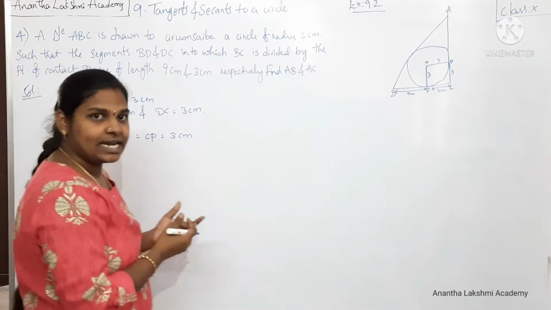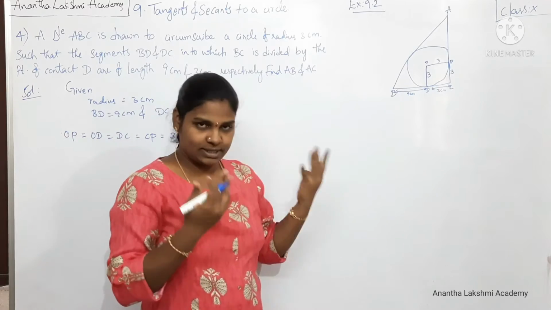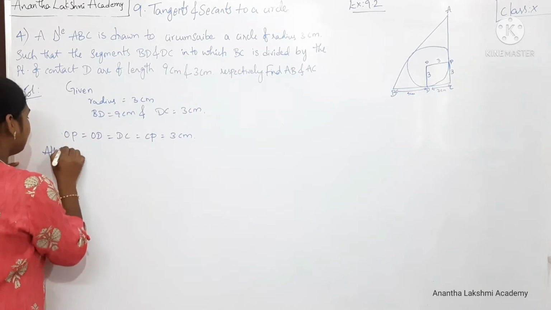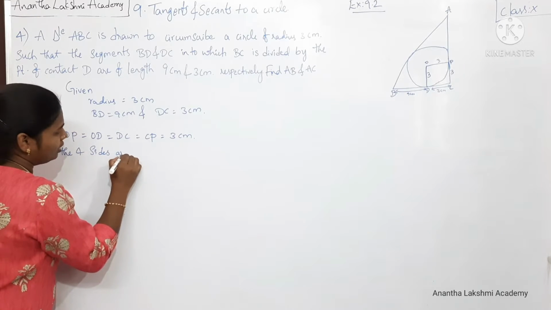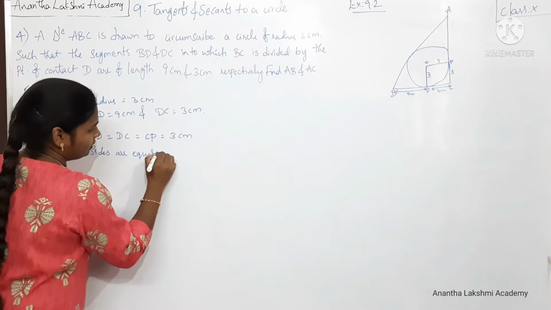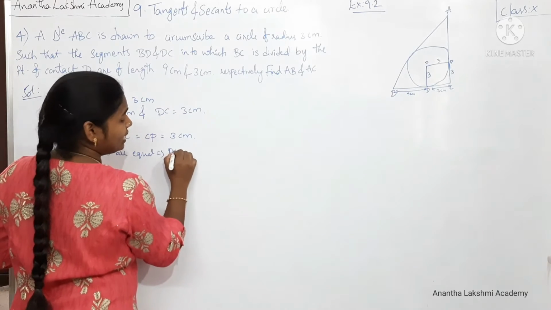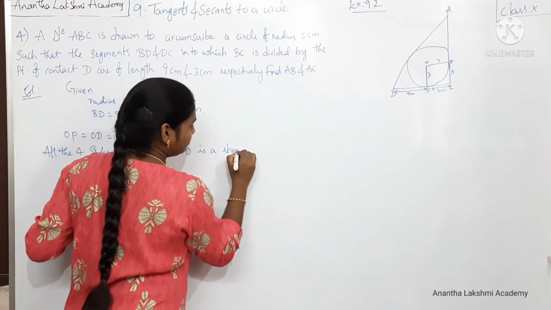What does this indicate? In a quadrilateral, all the 4 sides are equal. What does that indicate? It's a rhombus. All the 4 sides are equal, which implies OPCD is a rhombus. But what do we know?